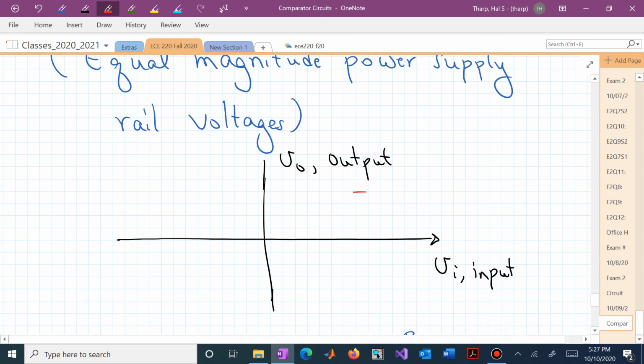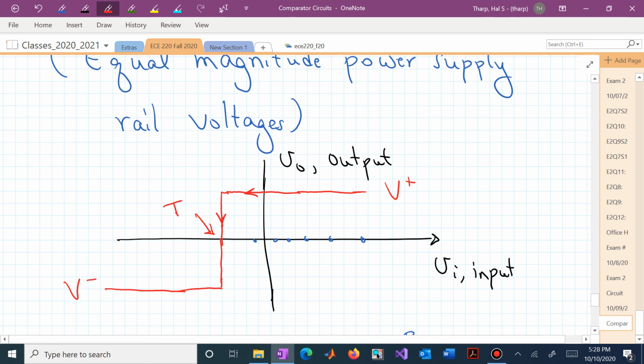We now know that if we're at V plus for our output and our input is here, then as the input gets smaller, we stay at V plus until we reach that threshold value, and let me just call it T. So now we're going this way, and we drop down and then go to the negative supply rail, V minus.